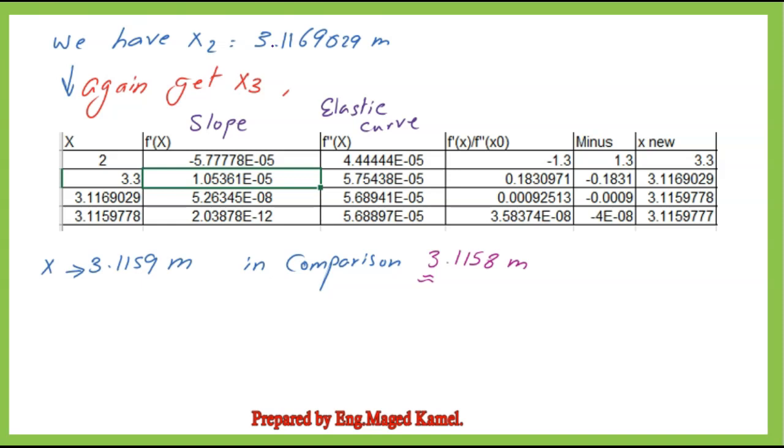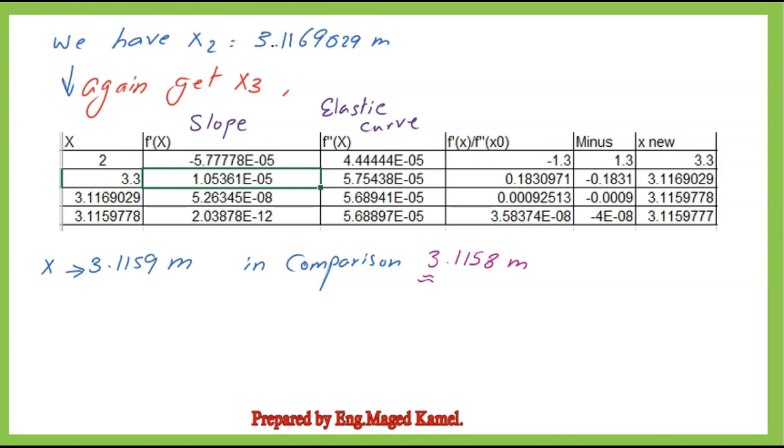We divide f dash of x equal to 3.3 over f double dash of x equal to 3.3. We get positive value. We multiply it by minus. So we are going to deduct 3.3 minus 0.1831, it will give us 3.11690.